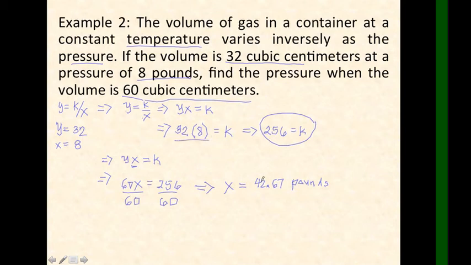Pag minultiply ko si 42.67 times 60, ang dapat kong makuha is 256. That is 4.26. I'm sorry, medyo nalito ako. This is 4.26 pala. Sorry, paano ba erase to?